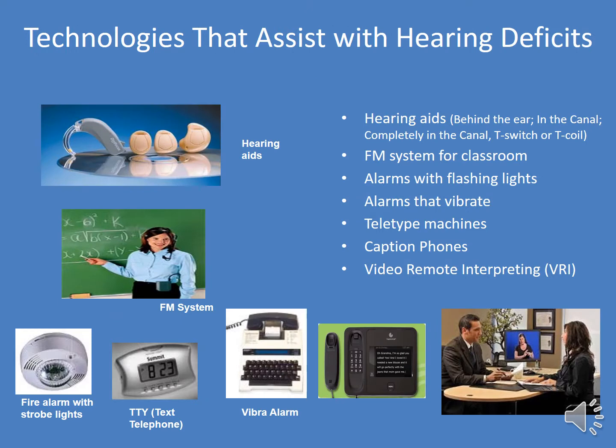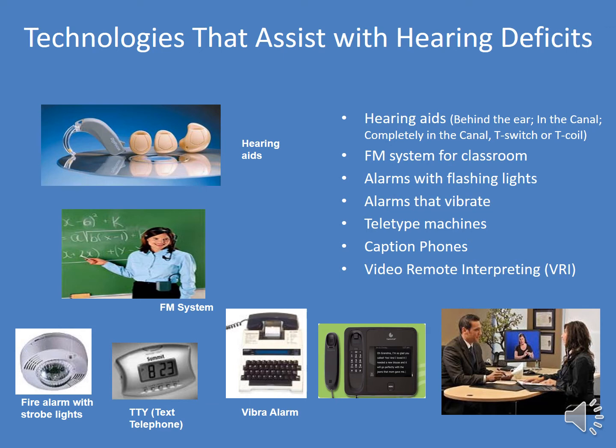Technologies that assist with hearing deficits. There are quite a few of these, including an FM system. FM systems can either be worn individually or they can be set up as a sound-field system for an entire classroom. Oftentimes these FM systems can be used with a hearing aid.